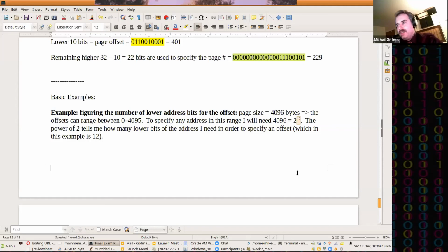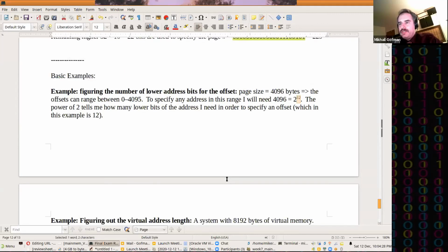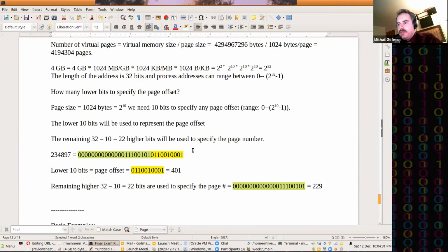Now, let's say you figured out the address length and you figured out how many bits you need for the offset. The lower bits are used for the offset and the remaining higher bits are used for the page number.